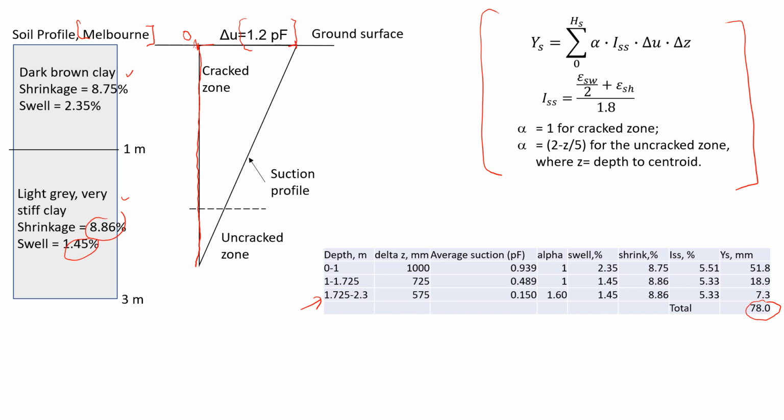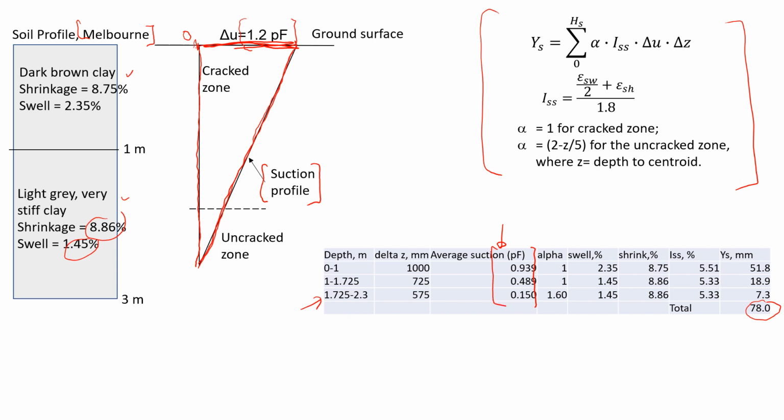So that will be here. And if we connect this in a triangle, this will be the suction profile. So this is the suction profile that we're going to use to get these average suction values. So this is where we get this.